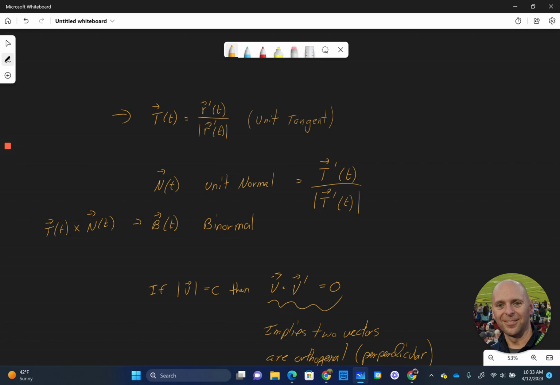At this point, it's really just a matter of practicing taking these derivatives and building these particular vectors for ourselves. And the last thing we want to note is that because the magnitude of both t and n are already 1, the cross product will result in a vector that also has magnitude of 1. So some good news here is that the binormal comes out to be a unit vector anyway.